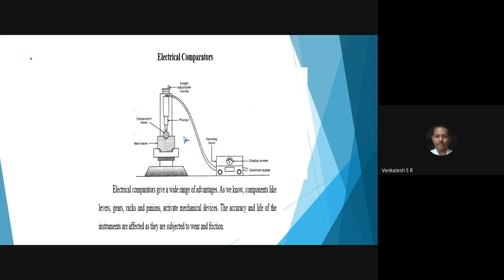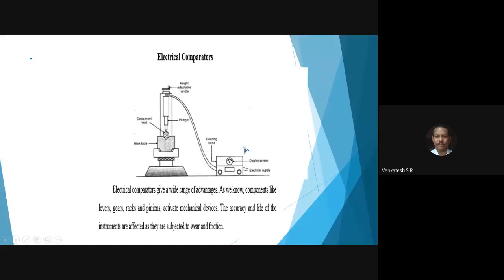Only 2 criteria: one is accept, the other is reject. Just turn the component in the clockwise and anti-clockwise direction. Before checking or comparing, set the needle at minus 0.05 and plus 0.05. If the dial goes outside the limit, then reject the component. This is the principle of operation of the electrical comparator.